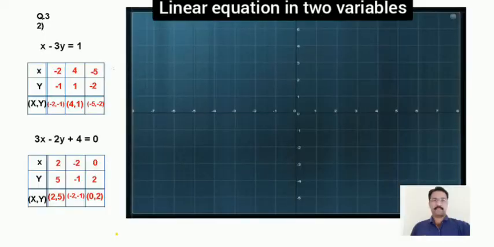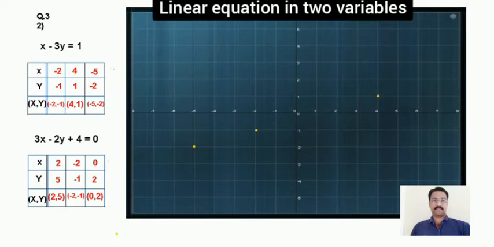For question number 2 here, we are going to plot the graph from the given table. Minus 2, minus 1. Where is it? Minus 2, minus 1, which is in third quadrant. 4, 1. It is in first quadrant. Minus 5, minus 2. Again it is in third quadrant.